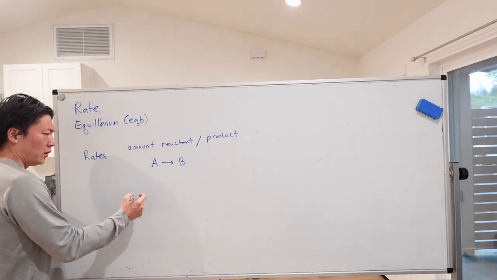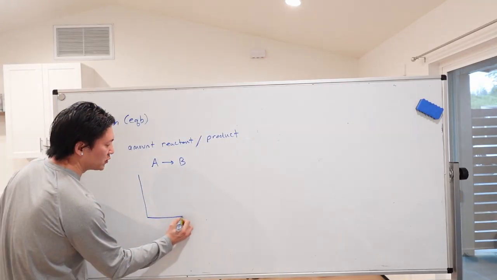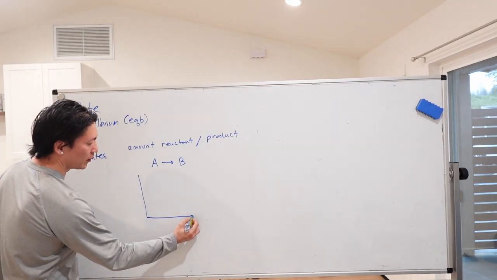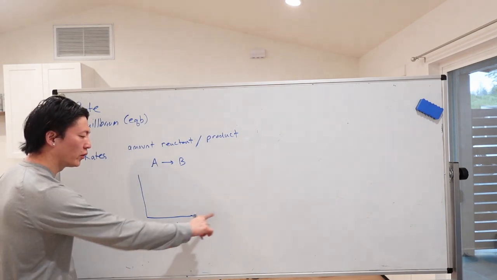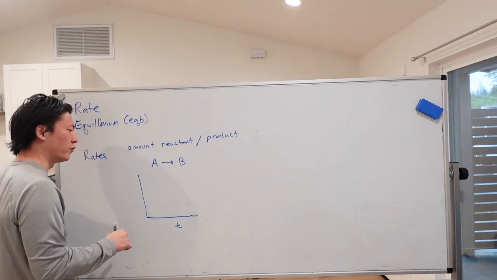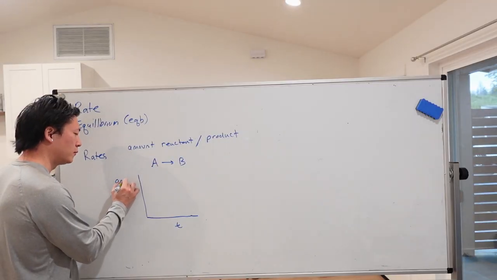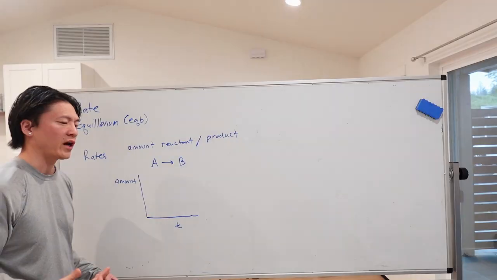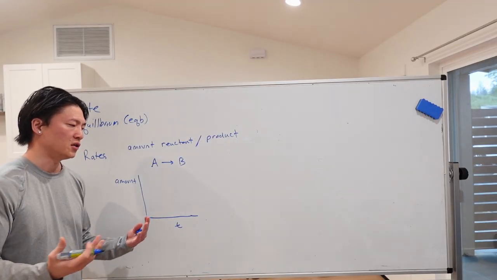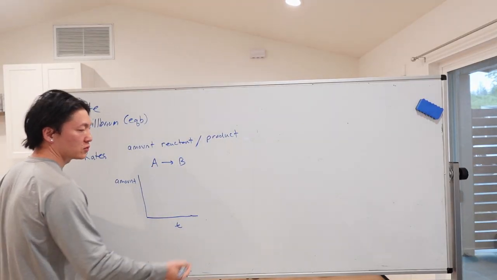Again, we want to see how these amounts change over time, and usually we can see this graphically. This is time on the horizontal, and on the vertical it is the amount. Initially there are a lot of reactants, right?